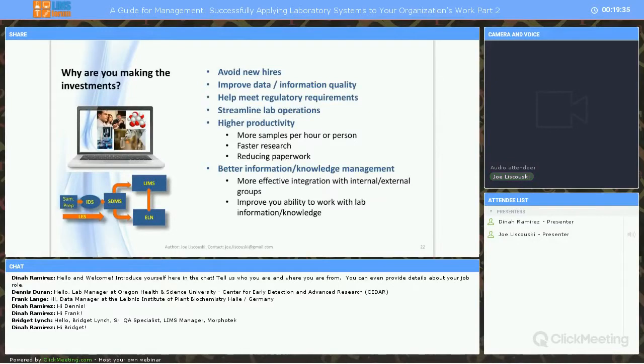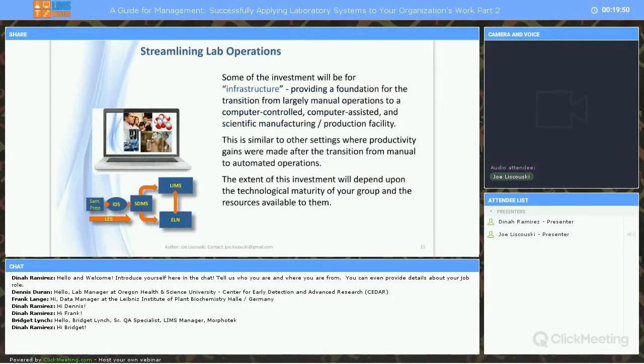In addition, the effective planning and use of informatics and automation technologies will improve your ability to absorb future increases in lab work and your ability to take on more demanding tasks with a lower investment than might otherwise be required.